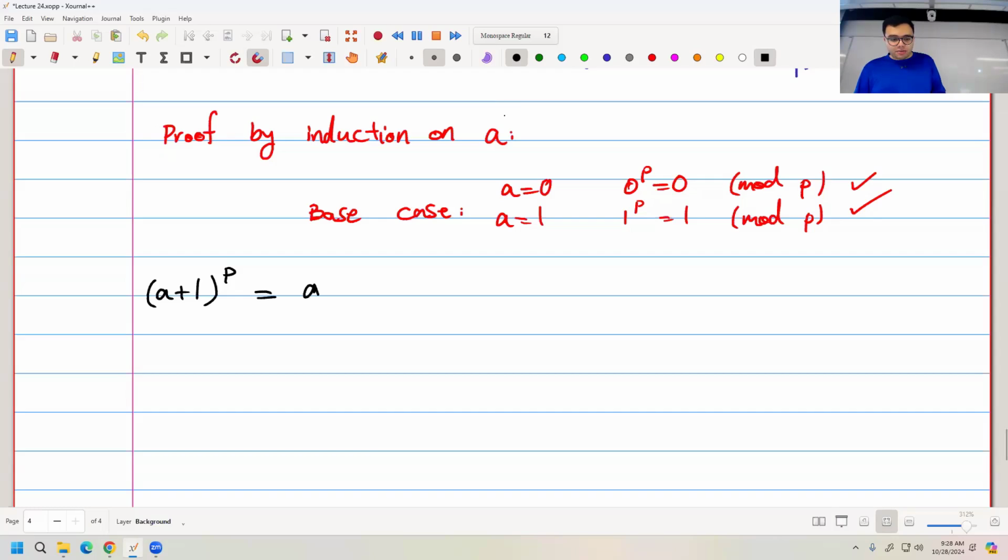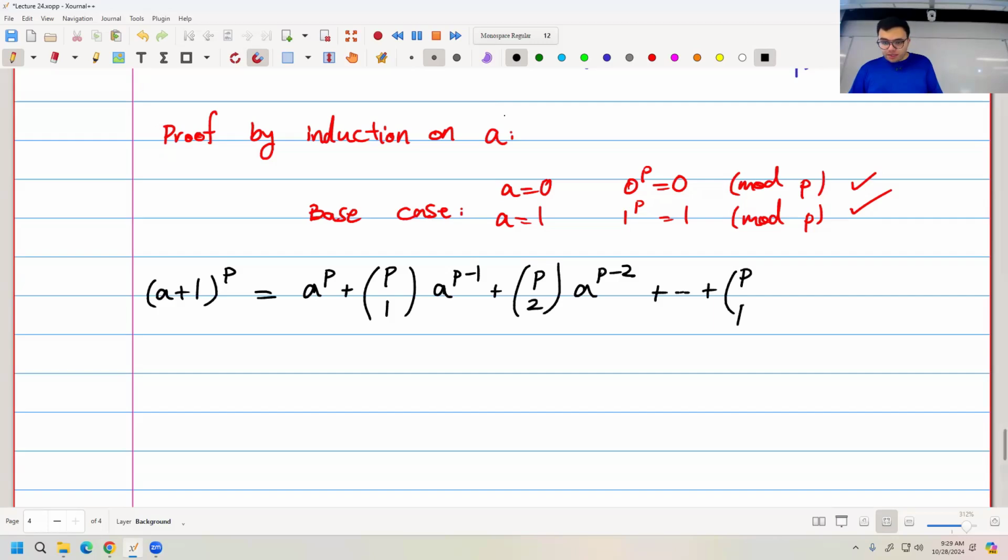So this is A to the power of P plus P choose 1, A to the power of P minus 1, plus P choose 2, A to the power of P minus 2, and so on to P choose P minus 1, A, and then plus 1. It's actually P choose P times 1, but P choose P is just 1.